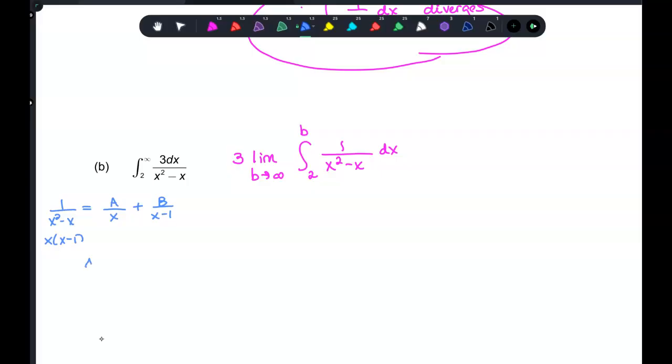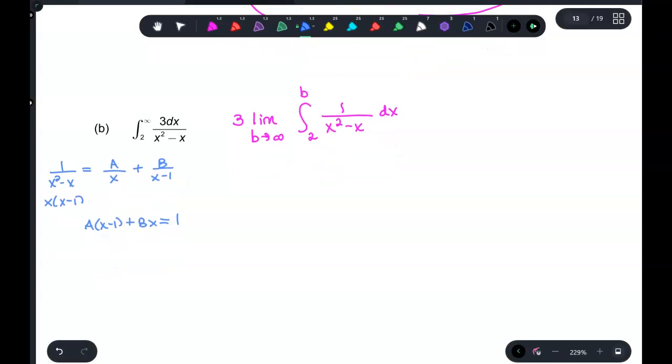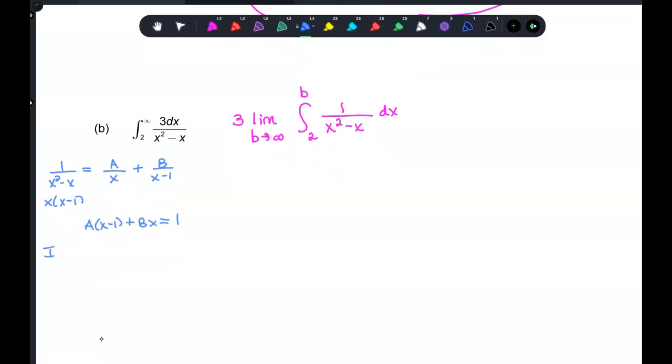So I have a times x minus 1 plus b times x has to be equal to 1. If I let x equal 1, I'll get b equals 1. And if x equals 0, I'll get a is negative 1.